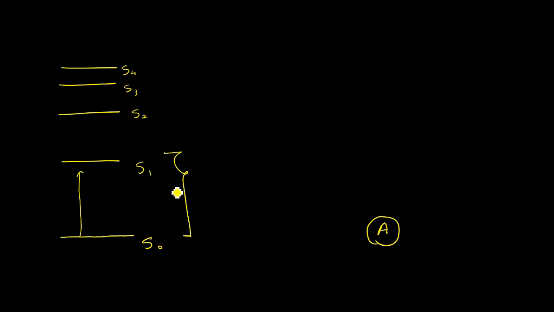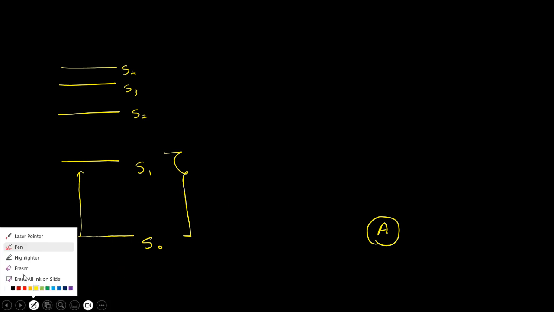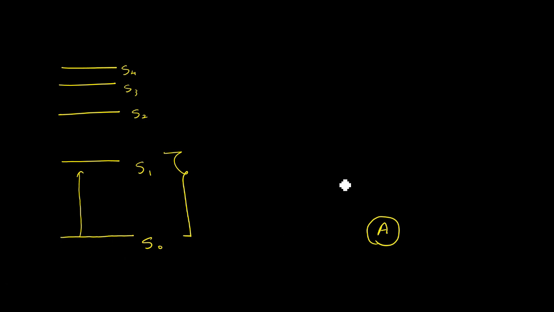When it comes to photochemical reactions, when we have A molecules which are going to react to form our products, these molecules should collide with each other, otherwise they have to interact with each other in order to form the products.